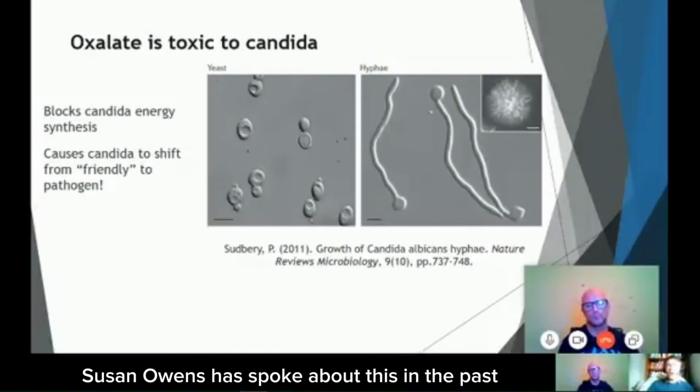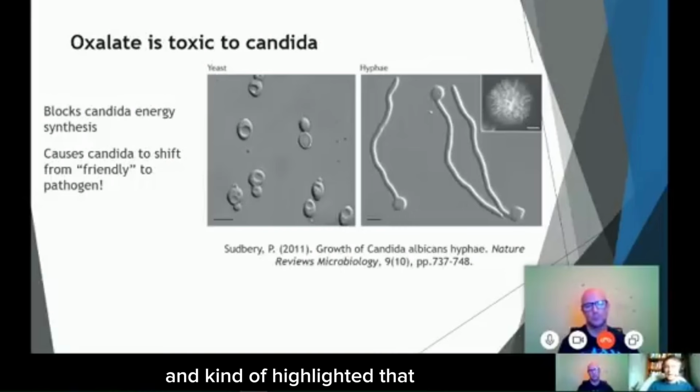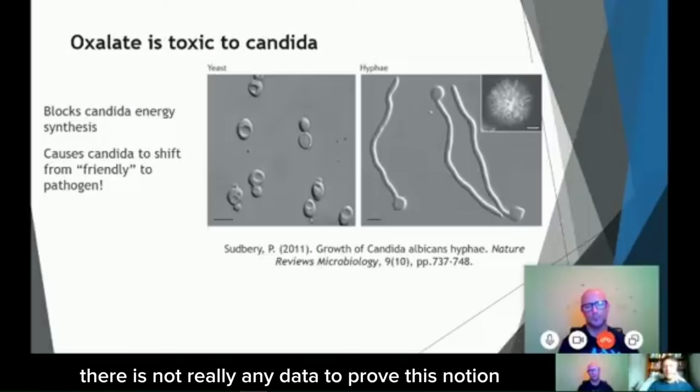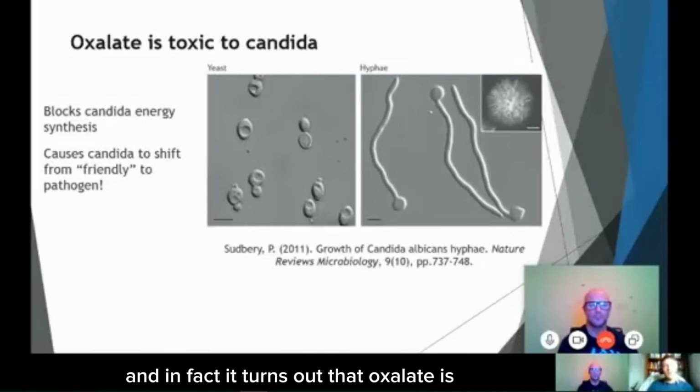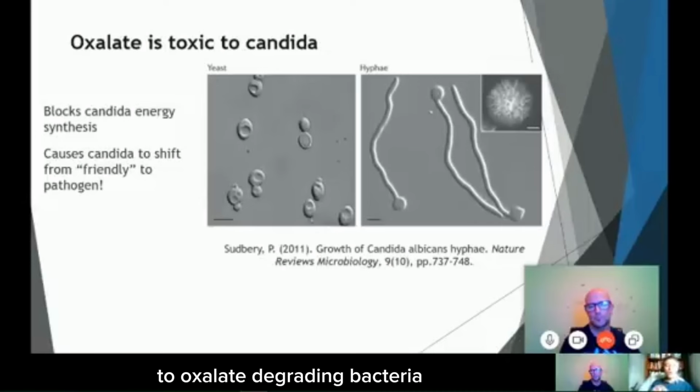But Susan Owens has spoken about this in the past and highlighted that there is not really any data to prove this notion. And in fact, it turns out that oxalate is not only toxic to human beings, it's not only toxic in high levels to oxalate degrading bacteria, it's also toxic to candida.